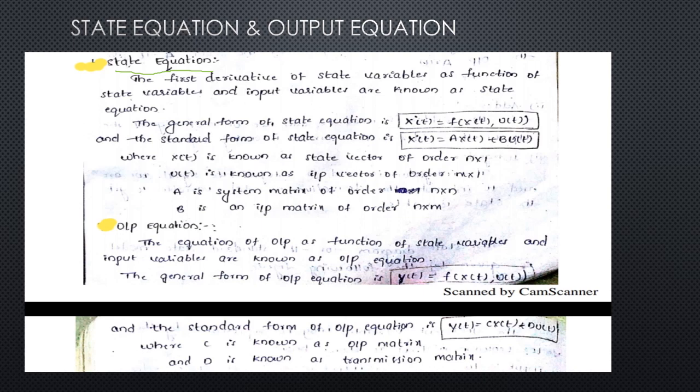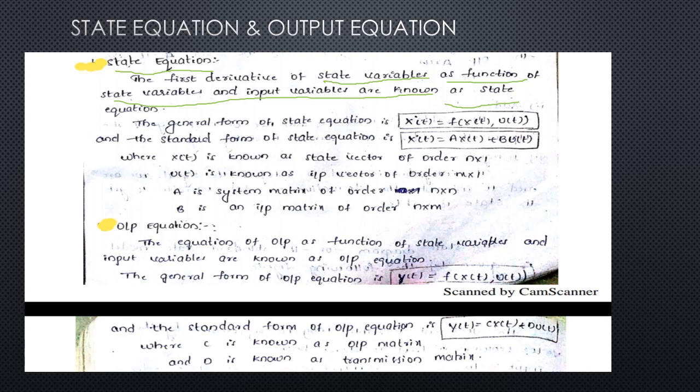The first derivative of x of t as function of state variables and input variables represents an equation. That equation is called the state equation. So what is meant by state equation? The first derivative of state variables, as function of state variables and input variables, is known as state equation.